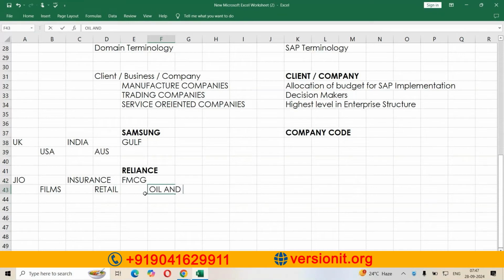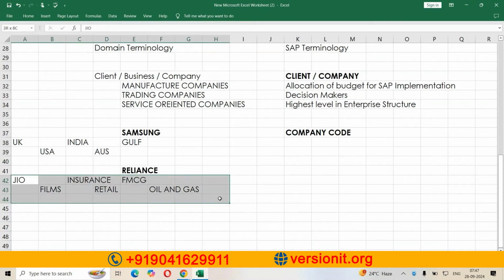Like this, Reliance is running multiple businesses. So investment on each and every business is not going to be the same. Revenue generation will not be the same. Profit and loss will not be the same. Sales process will not be the same. For that reason, each and every business of a company, we map it as a company code.